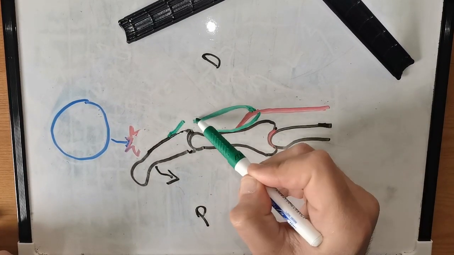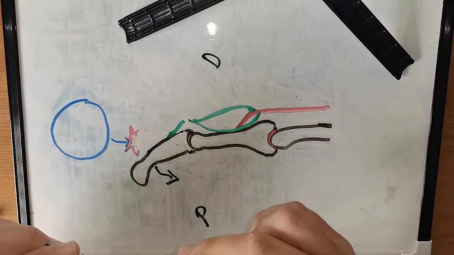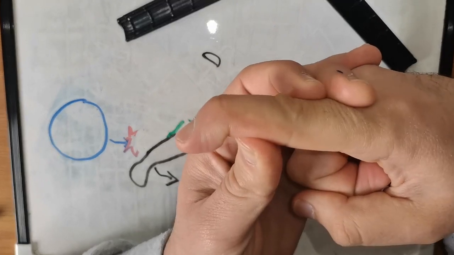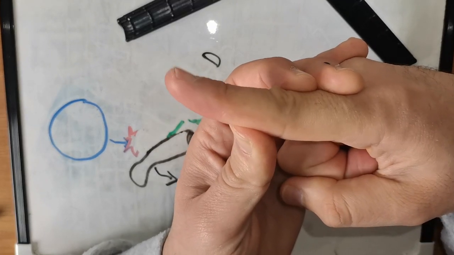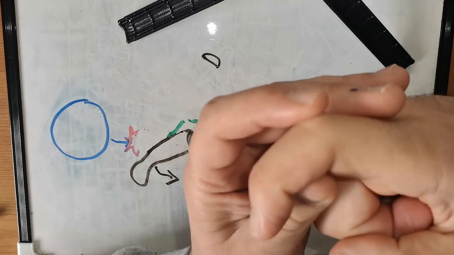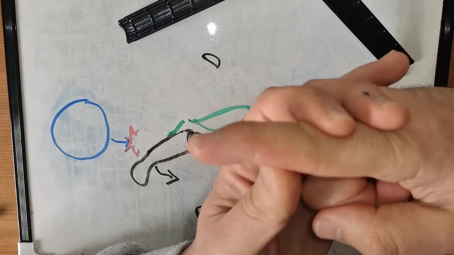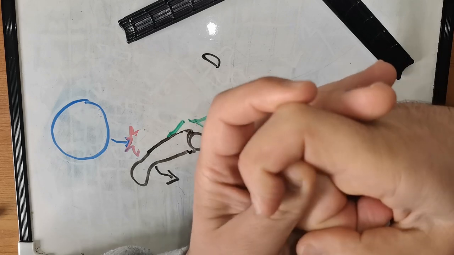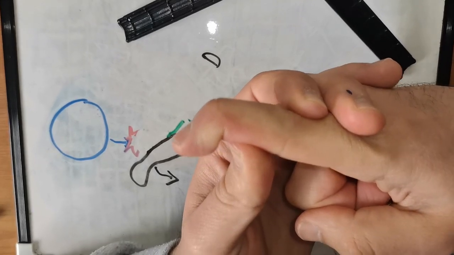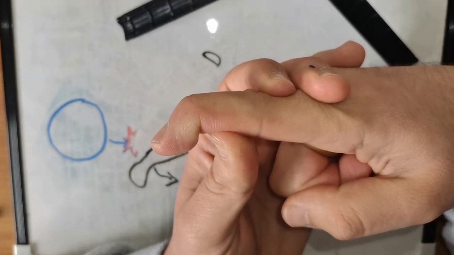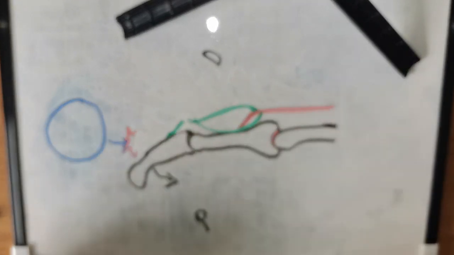When the tendon is cut, I will be able to extend my finger until here, but I will not be able to do this final movement. So the shape of my finger when I fully extend it is going to be like this, or what is known as mallet finger.